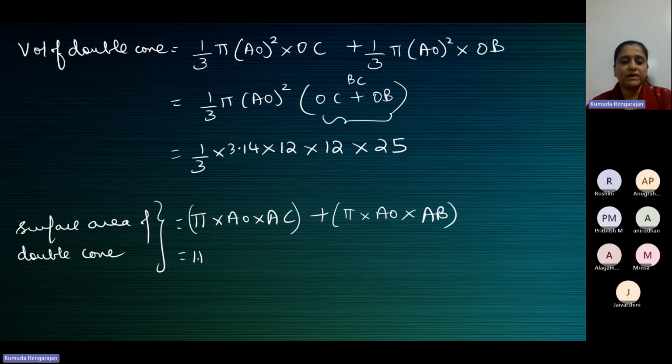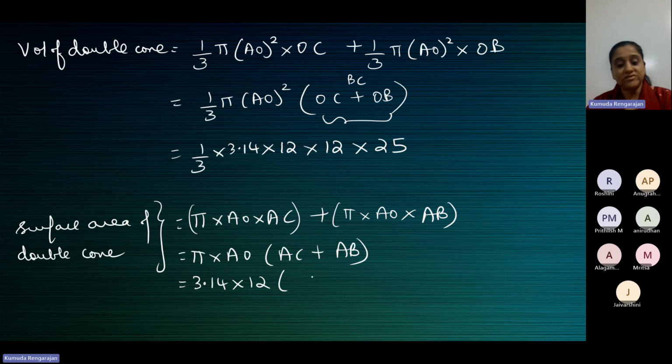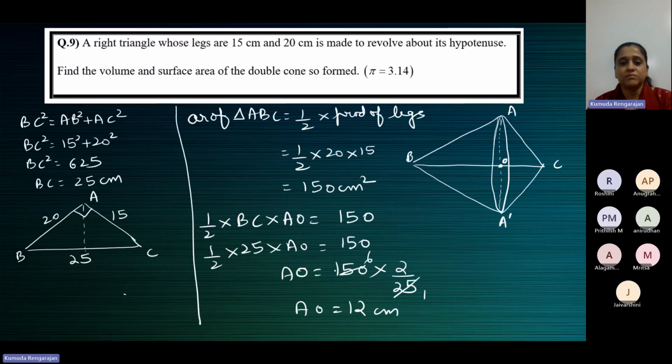Again, what's common? Pi into AO is common. So AC plus AB. Pi is 3.14 into AO is 12 into AC plus AB. These are hypotenuse values. AC is 15 and AB is 20. 15 and 20 are the slant heights of the two cones.